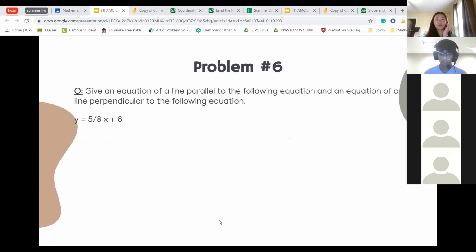So just a hint, this one doesn't have a specific correct answer. So just put your answer in the chat and we can look at them.